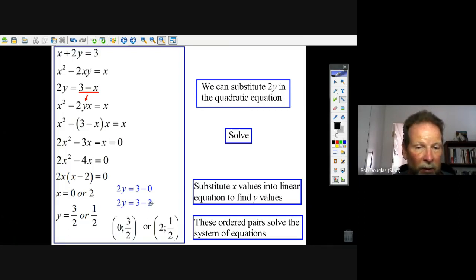And if x is 2, 3 minus 2 is 1. Then we divide by 2, we get a half. So when x is 2, y is a half. So we substitute the x values into the linear equation to find the y values. These ordered pairs solve this system of equations. If we graph these two things, these would be the two places where they intersect.